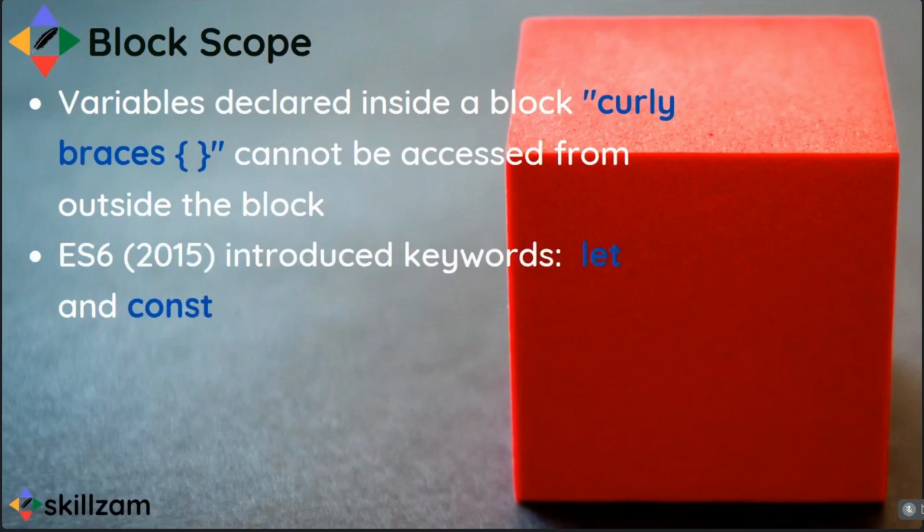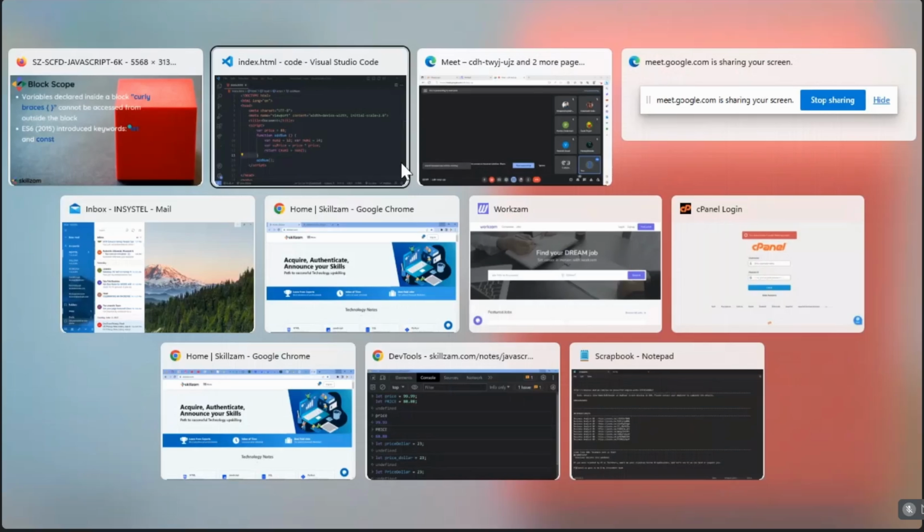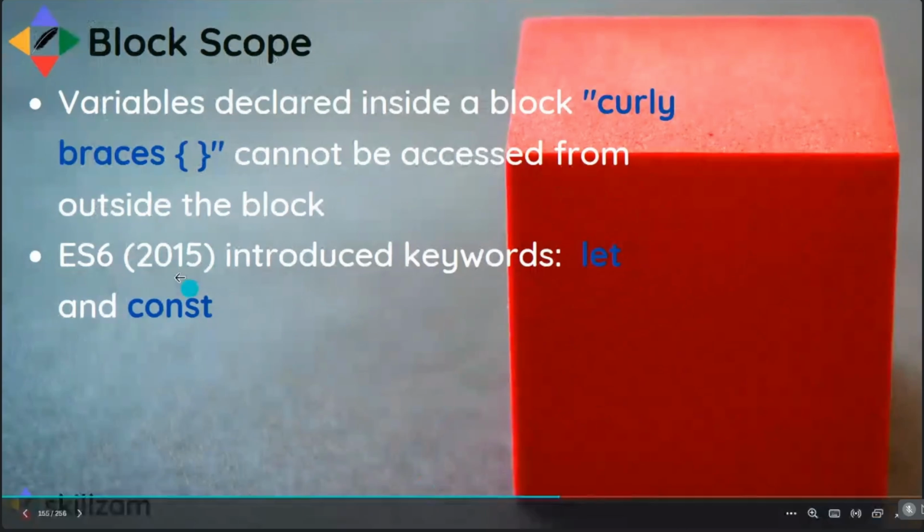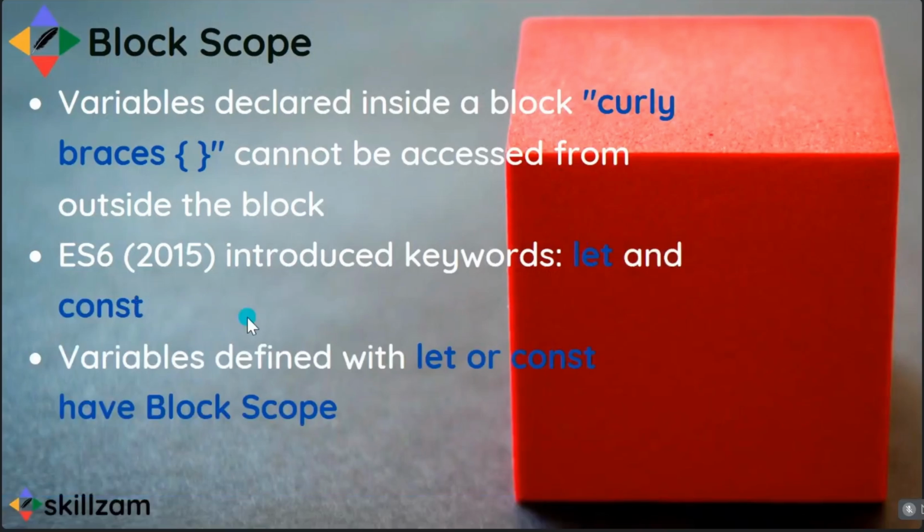But now understand that in 2015, when ECMAScript 6 was released, they introduced two new keywords, let and const. Prior to that, there was only one keyword used to declare a variable, which was var. Okay, but after 2015, let and const came into the picture. Variables defined with let or const have a block scope.